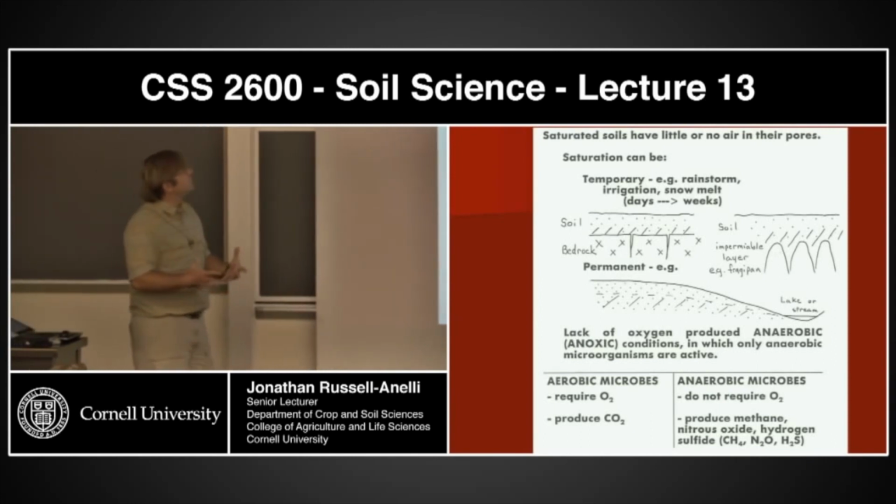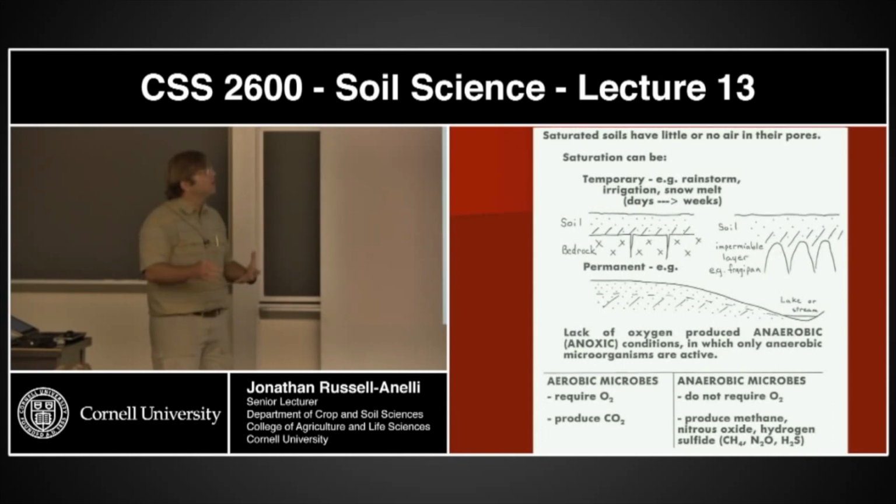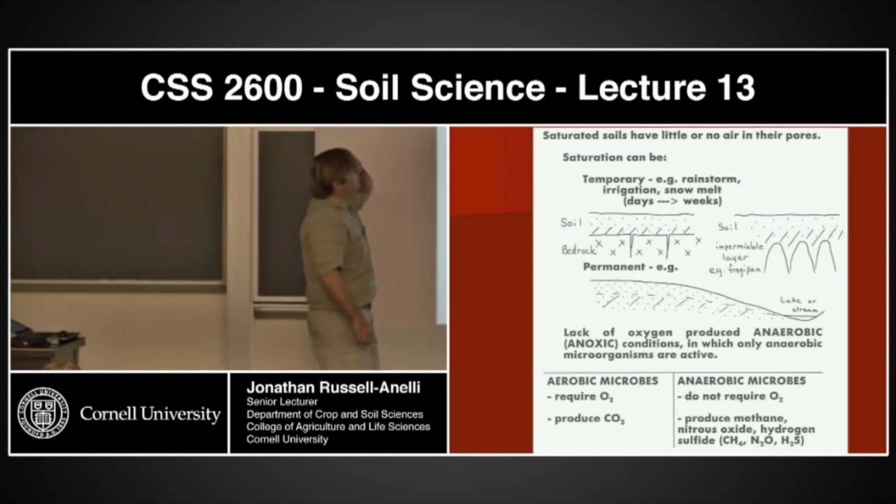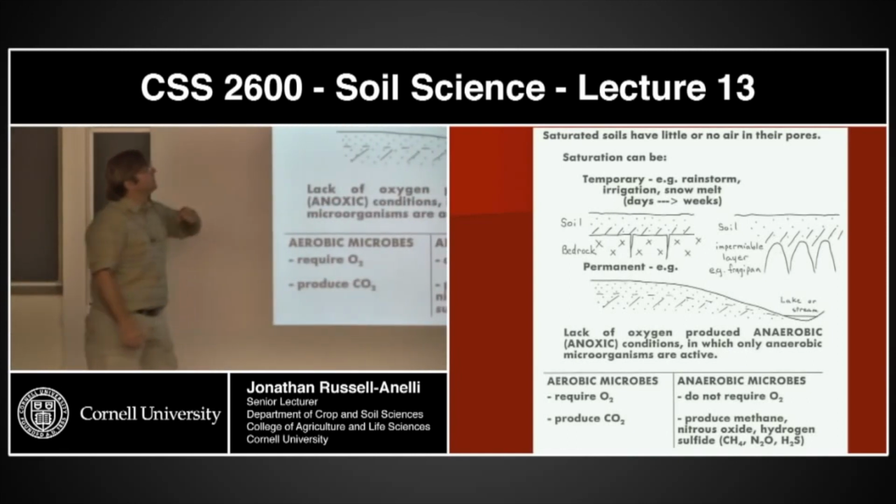So I think we've made the point that saturated soils have little or no air in their pores as the system gets wetter and as respiration happens. It's not just the water moving in and driving the oxygen out; it's also the oxygen being used up for respiration. Now, saturation can be temporary or permanent.